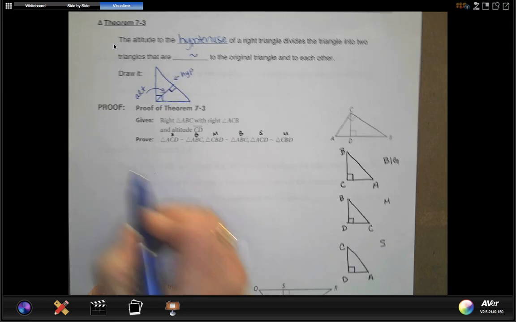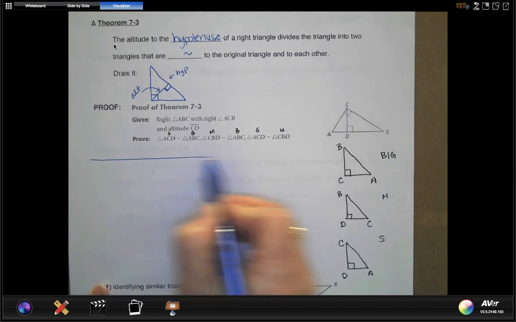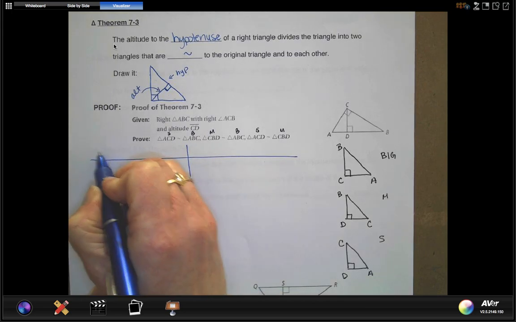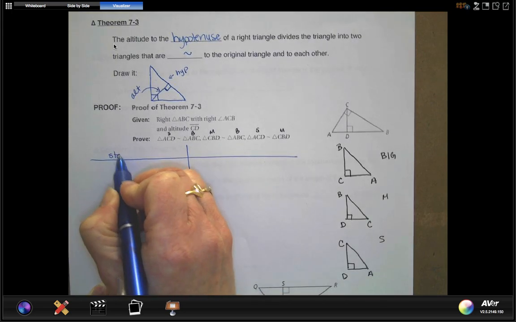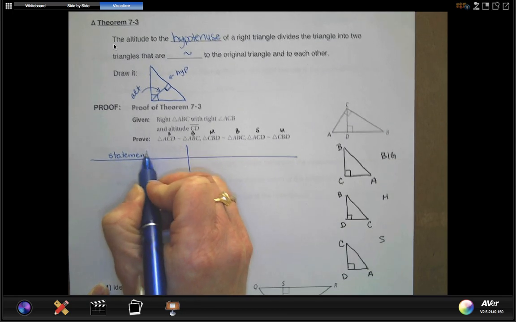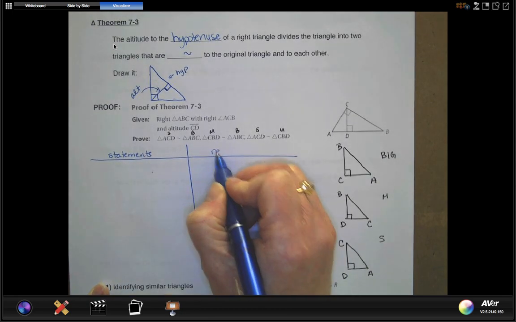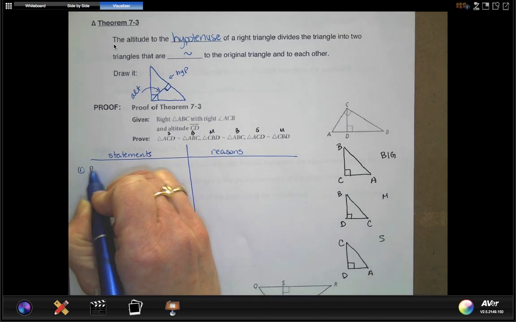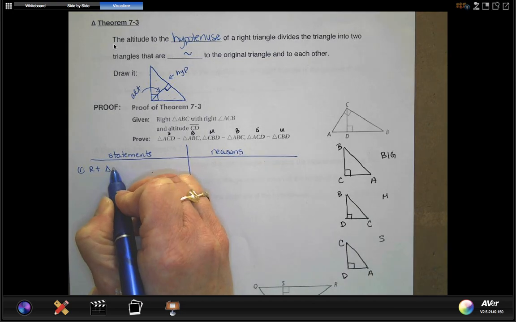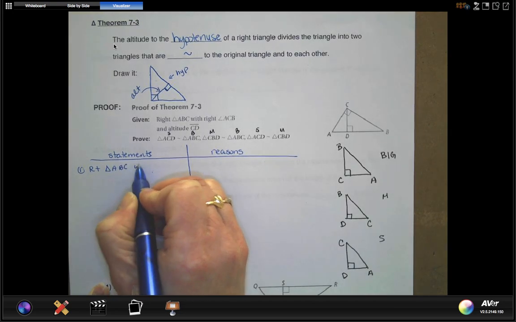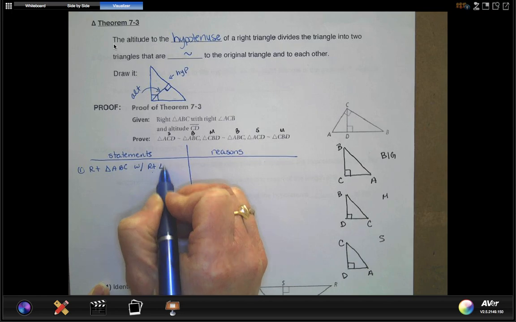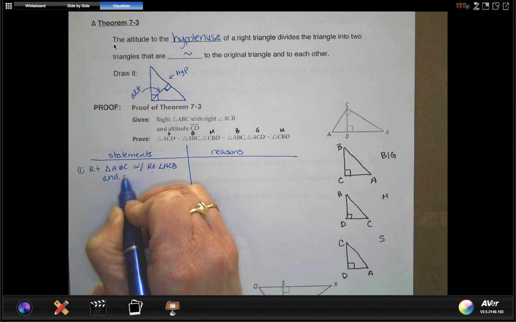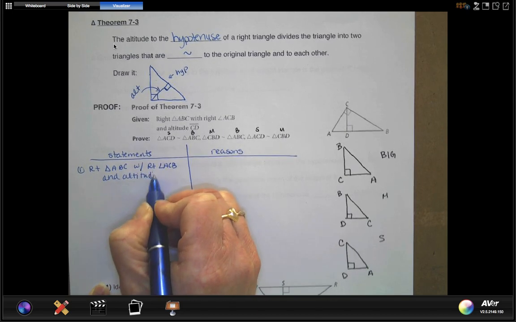So I'm going to just do this as a two column proof. I've got my statements and I have my reasons. So 1, right triangle ABC with right angle ACB and altitude CD.